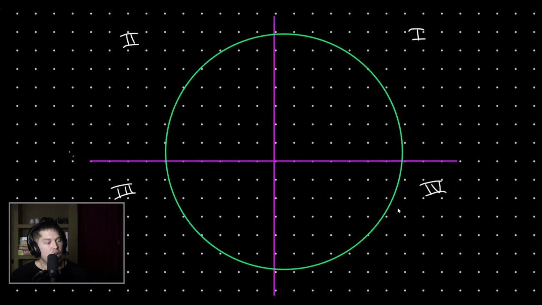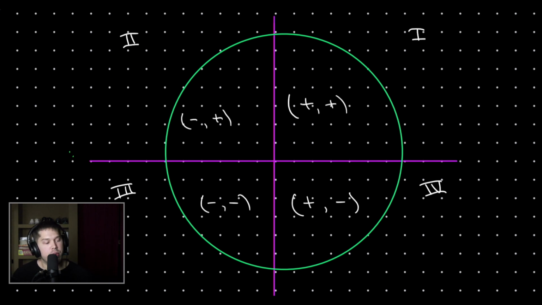Also notice how in quadrant 1, both your x and your y value are positive. In quadrant 2, your x value is negative and your y value is positive. In quadrant 3, both your x and y coordinates will be negative. And in quadrant 4, your x is positive, but your y is negative.